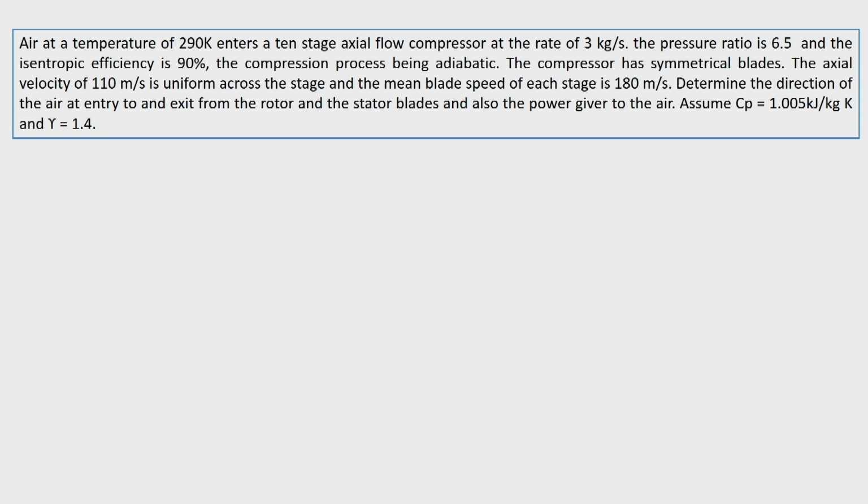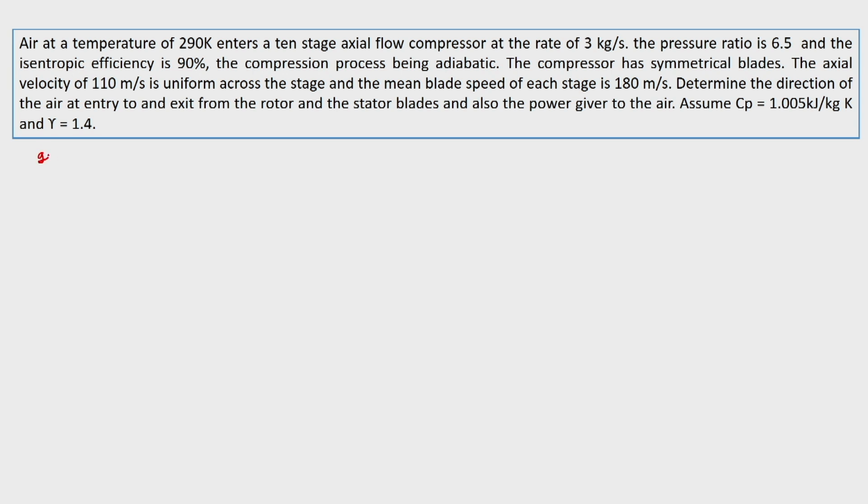The compressor has symmetrical blades. Axial velocity is 110 meter per second and it is uniform across the stage, and mean blade speed of each stage is 180 meter per second. Determine the direction of air at entry and exit from the rotor and the stator blades, and also power given to air, given that assume Cp as 1.005 and gamma as 1.4.